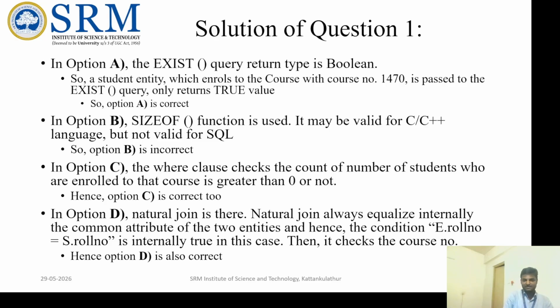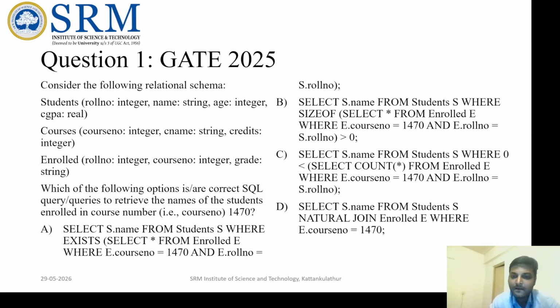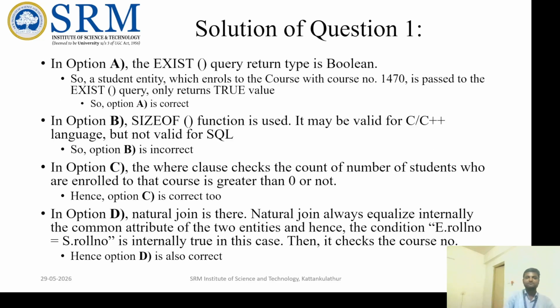In option D, natural join is there. Natural join means the common attribute between two relations or two entities as per the relational model. If the values are the same, then the attribute will be returned. Hence the join condition, E.roll number and S.roll number, is internally true in this case.